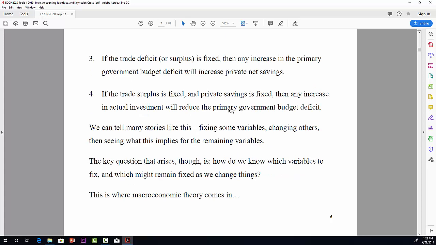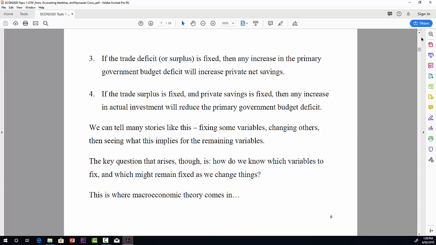I'm going to look at one more variation on this equation. Suppose the trade surplus is fixed, and suppose private savings is fixed. Then any increase in actual investment will reduce the primary government budget deficit. Let's take a look at that.